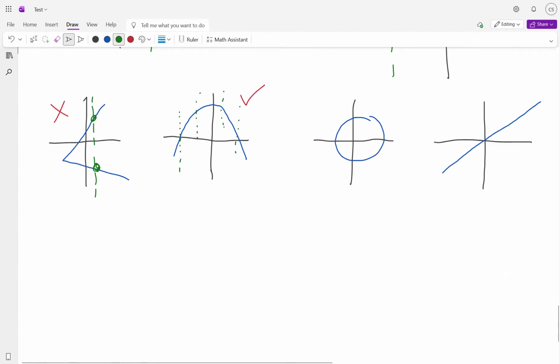Here with this circle, imagine it was connected there. It doesn't matter, because if I go here, I hit more than 1 point. So that one's not going to be a function. And then over here with the line, we can kind of see every single place we check a vertical line on the graph. It's only going to hit this line once. So this one, yes, is a function.